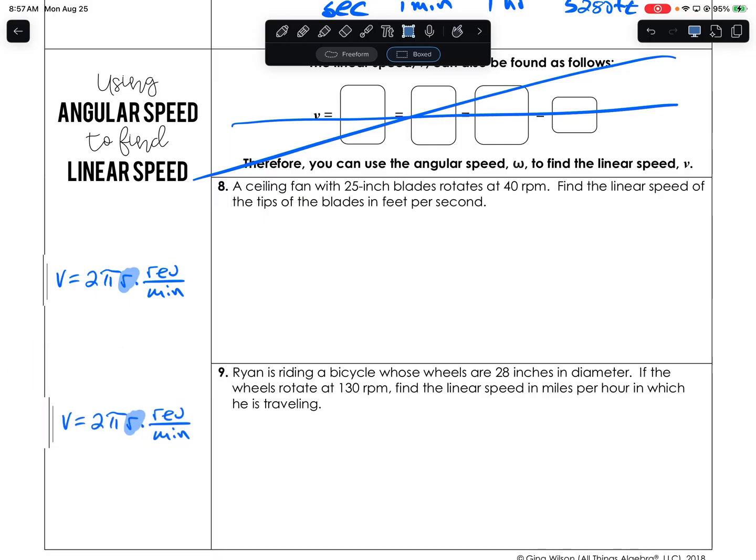Okay, so a ceiling fan with 25-inch blades rotates 40 revolutions per minute, and we want it in feet per second. So we get V equals, doing linear speed, 2 pi times 25 times 40.